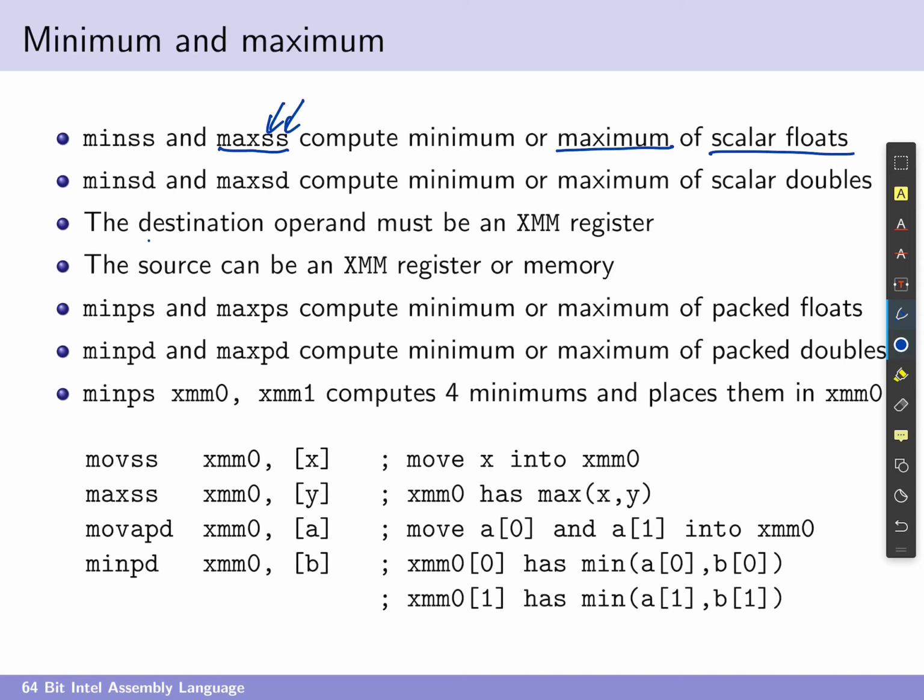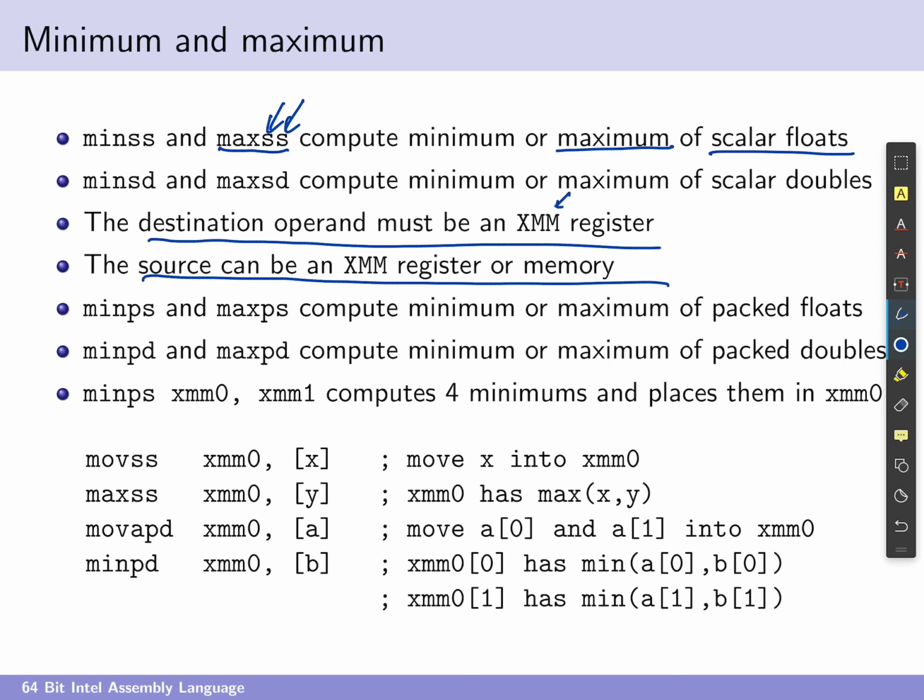Given two floats, it will store the larger of the two in the destination register. Again, for this instruction, as with the adds and subtracts of floating point numbers, the destination operand must be an XMM register. The source, however, can be an XMM register or memory.